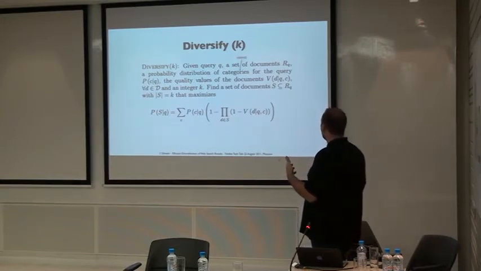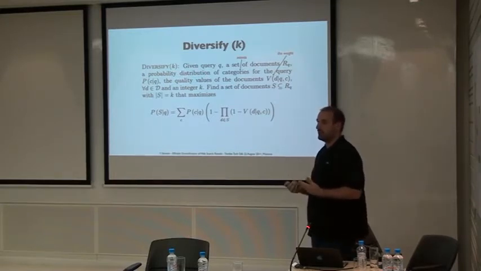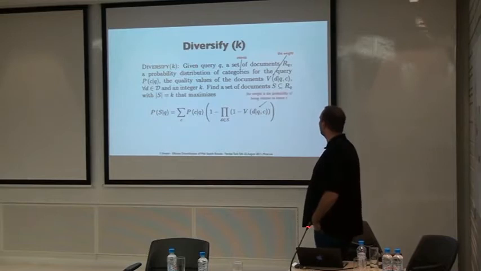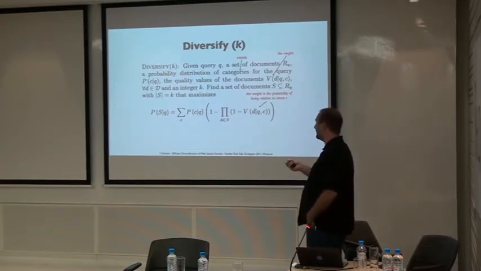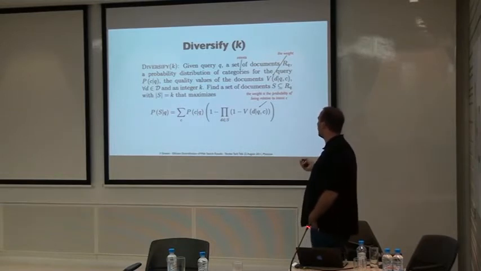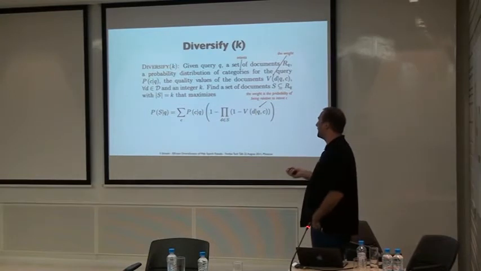For instance, let's take Diversify, which is the problem defined in the Agrawal et al. paper. Basically, Diversify takes as input a parameter k, which is the number of documents you want to have in your result set. You also take a query Q and a set of documents, which are the results for the query Q, which are generally more than k, obviously.